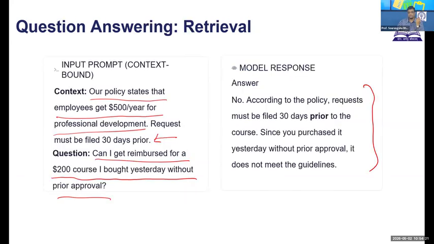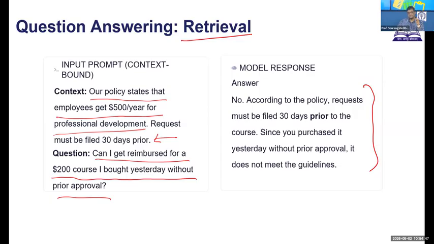The earlier one, I'm calling it retrieval. It is basically the traditional question answering setting where there is a context where the answer lies, and you want to get that answer out of the context. In this particular case, there is also a bit of reasoning going on, but we'll come to that.